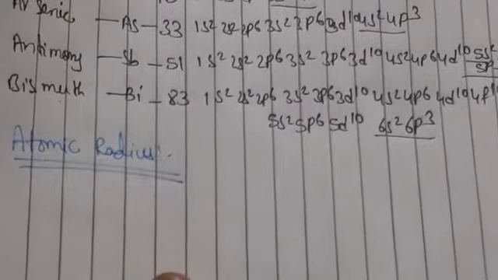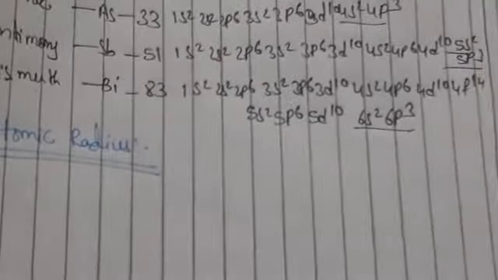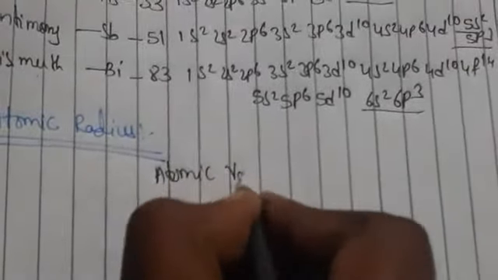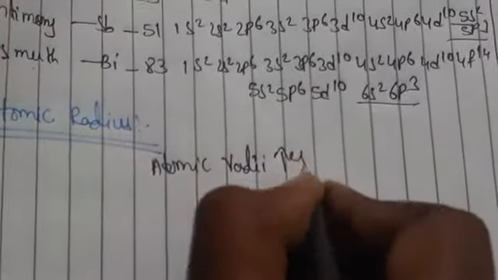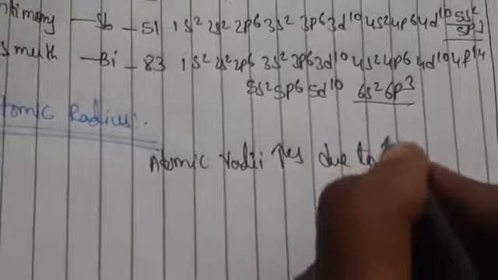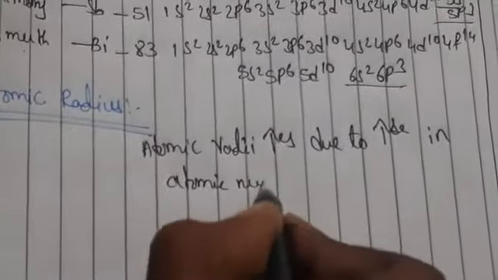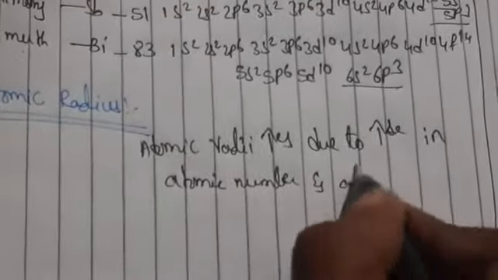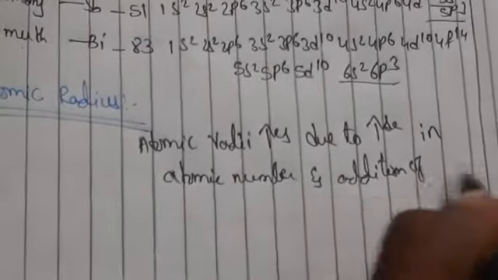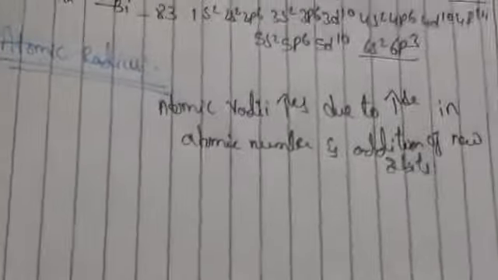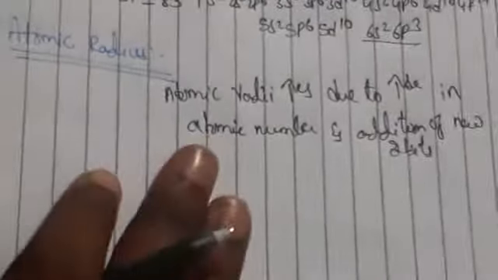When the atomic number increases, due to the addition of new orbits, the atomic radius increases. So for this reason, atomic radius increases in a group. In a period, it decreases due to nuclear charge.